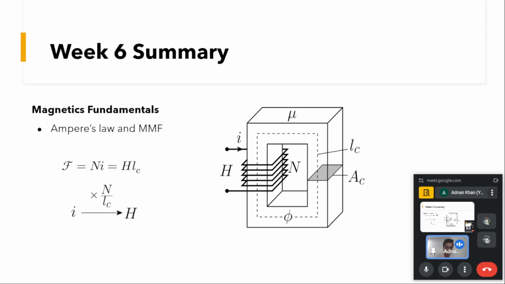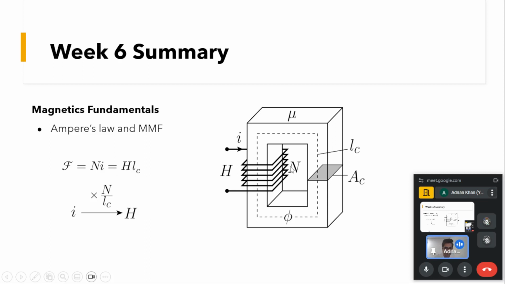Each of these cores has a permeability of mu, and for these different cores this permeability is very high. That means it offers very little resistance to this flux. So the core provides a very low reluctance path for the magnetic flux to flow, that means the resistance to the magnetic flux is very low compared to air, where the permeability is very small compared to these cores.